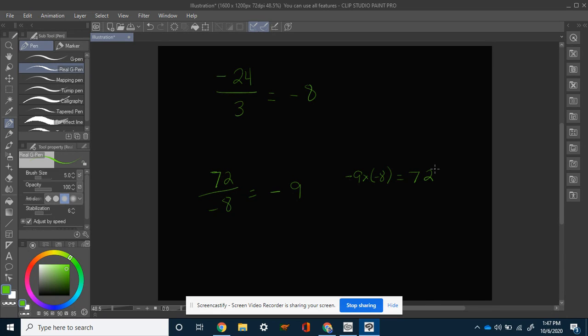So the only rule you really need to pay attention to for multiplying and dividing negatives is whether it's an even or odd number of negatives. Let's do one last example here. Let's pretend we have negative 1 times negative 1 times negative 1 times negative 1 times negative 1 times negative 1.